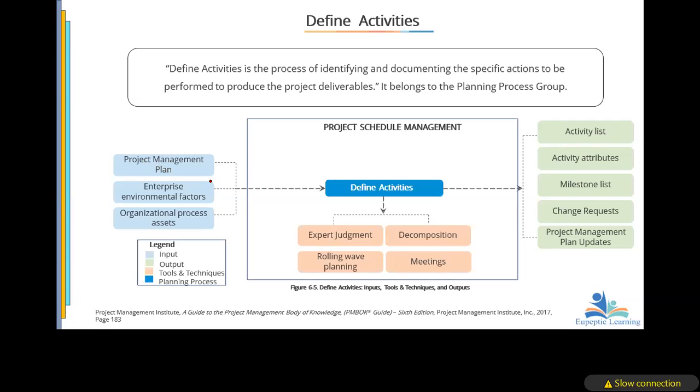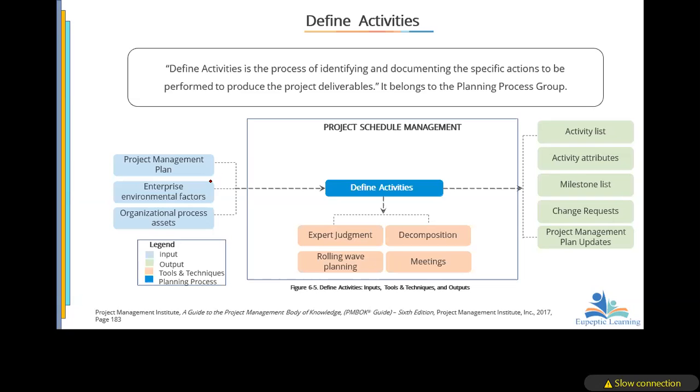Shall we continue? Good. Then we look at enterprise environmental factors, which we know what they are, and then the organizational process assets. Let me hint here that when you are defining activities, consider what factors within the organization will impact this activity.